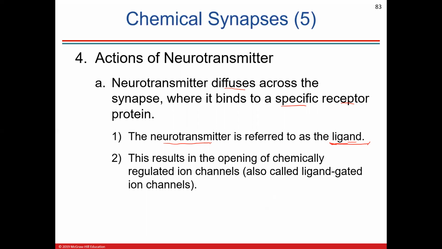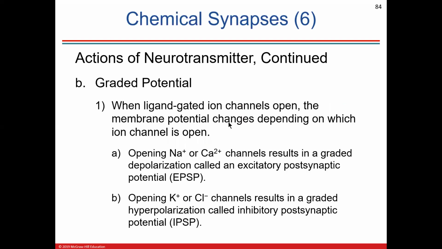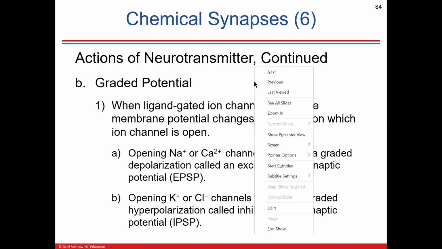Chemically gated or chemically regulated ion channels are called ligand-gated ion channels. For depolarization, they're going to be sodium and potassium: mostly sodium coming in and then potassium later coming out on repolarization, because muscles have to repolarize as well, just like neurons. Okay, so let's take a break and then we'll talk about the graded potentials when we come back.